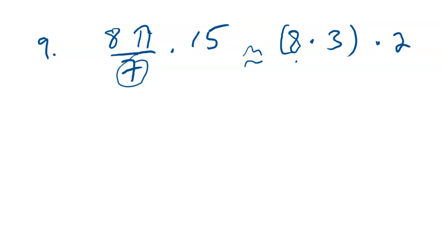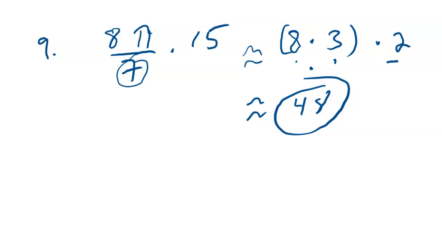So we get 8 times 3, which is 24, times 2, which is 48. Now this is an approximation, and to be honest, it's an under approximation, because this is going to be 3 and some change, and this is going to be 2 and some change. I'm not a gambler, but if I had to gamble, I would say the answer is C with 53.9.